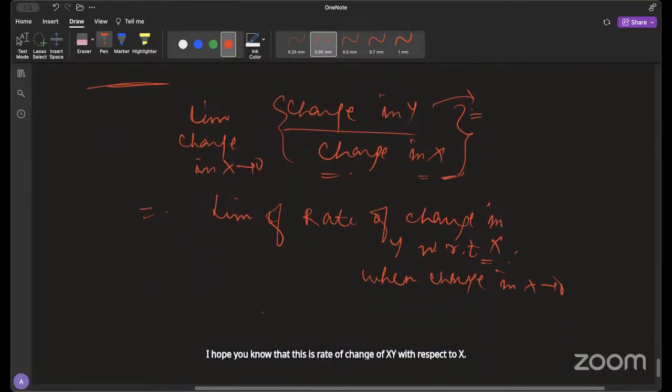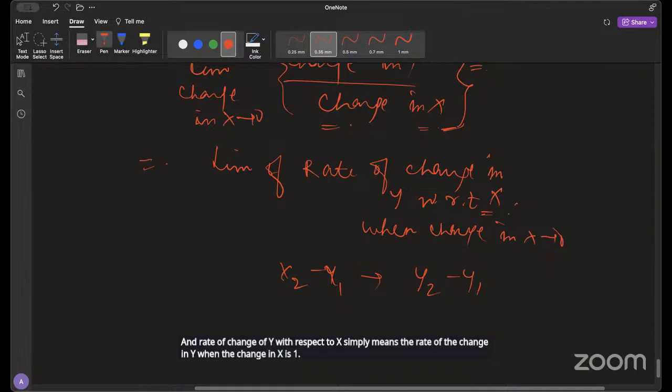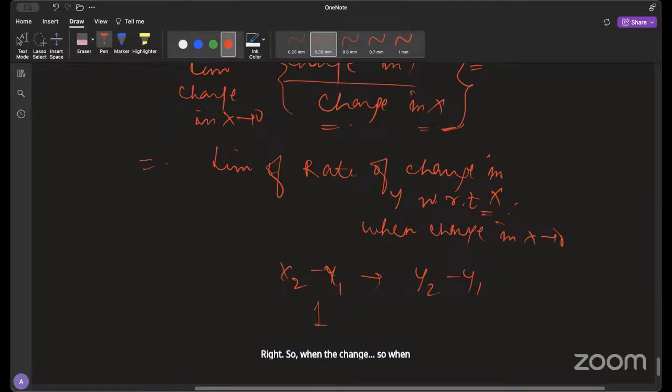What is that? Let's just say if your change in y is this, then your change in x is this, your change in y is this. And rate of change of y with respect to x simply means the change in y when the change in x is 1, right? Yes, ma'am. So when change in x is x2 minus x1, this is the thing.